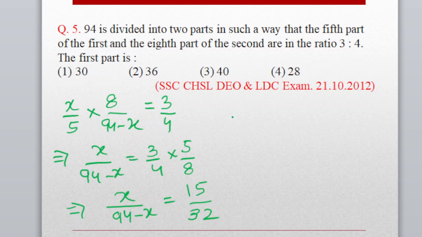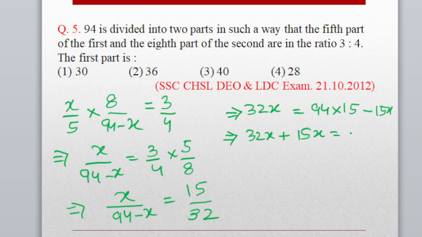Then after cross multiplication, this is equal to 32x is equal to 94 into 15 minus 15x. Again, this implies 32x plus 15x is equal to 94 into 15.